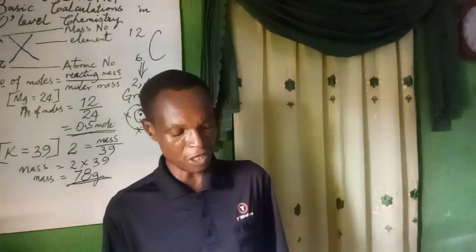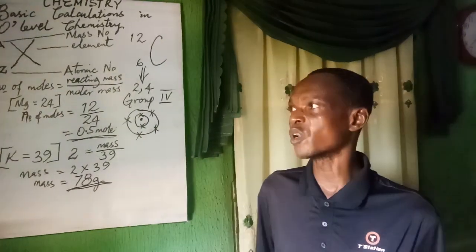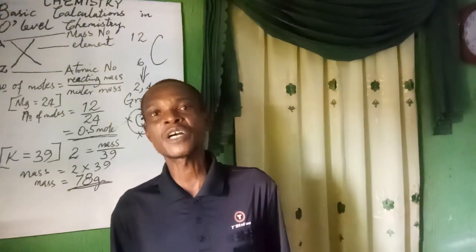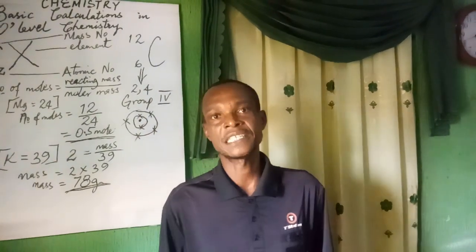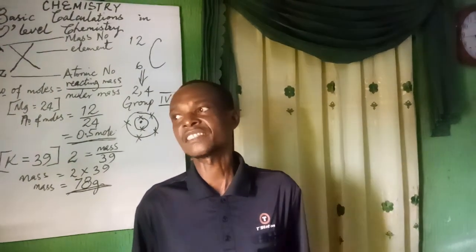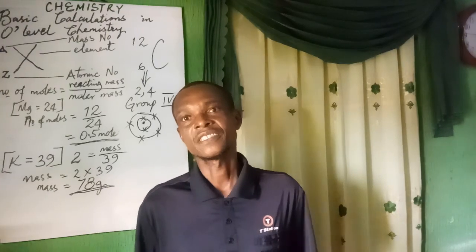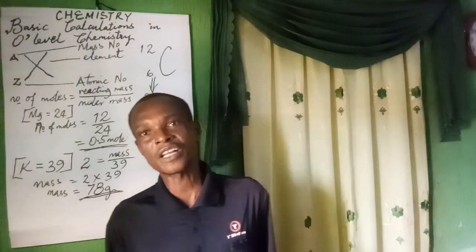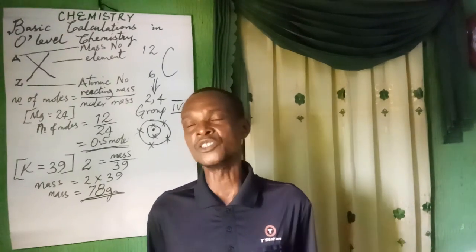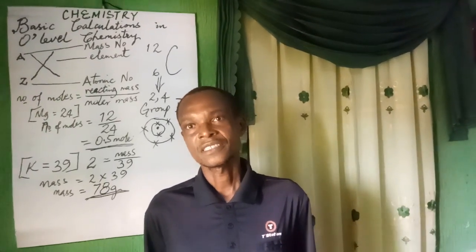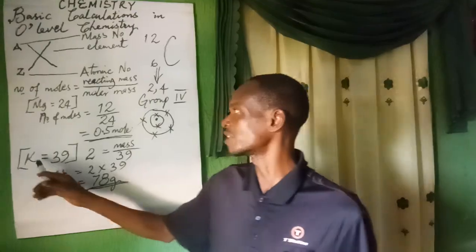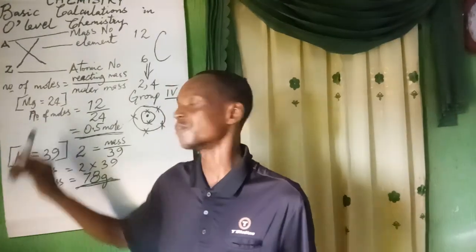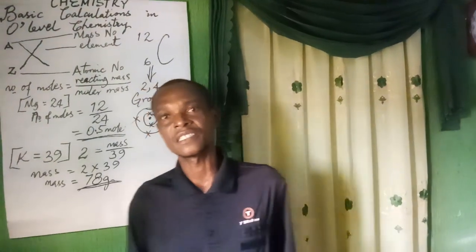Again, we are going to look at calculation of molar masses. I would want to help my viewers here understand something that is very important. The relative atomic mass or relative molecular mass doesn't have any unit. Like we have here, potassium 39, magnesium 24, nothing is attached to it.